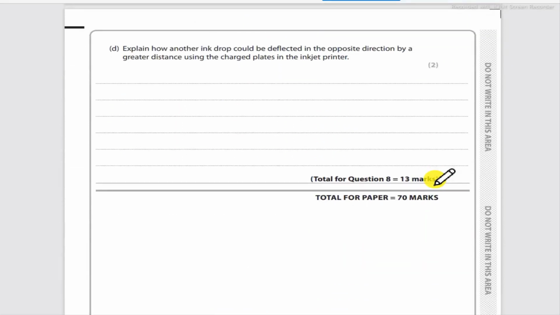Last question. D. Explain how another ink drop could be deflected in the opposite direction by a greater distance using the charge plate in the inkjet printer.